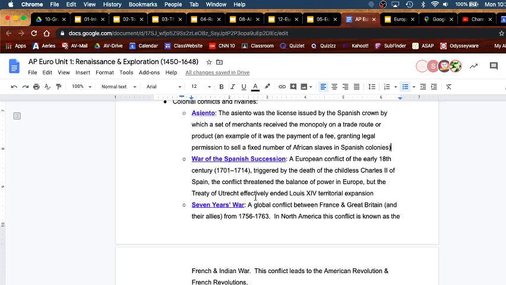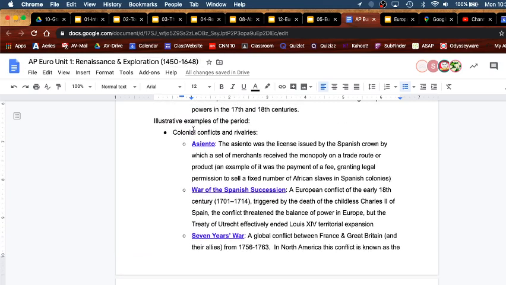The 7 Years' War is maybe one of the most important wars to happen during the 1700s. And it's interesting to me, honestly, that the College Board would place this in the 1450 to 1648 review. But nonetheless, it is a great example of colonial conflicts and rivalries.